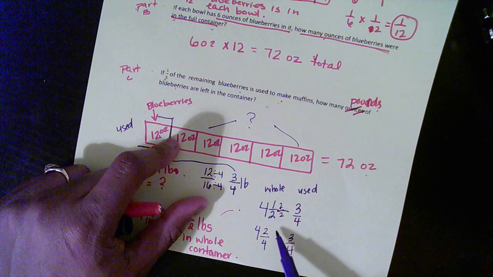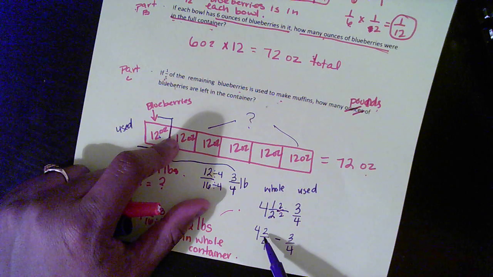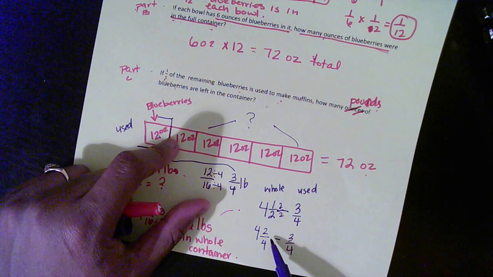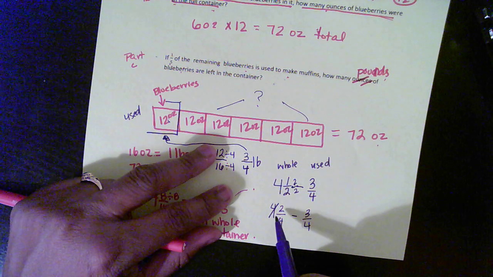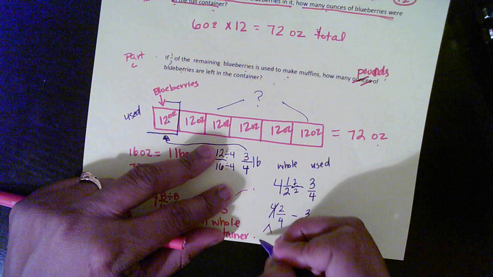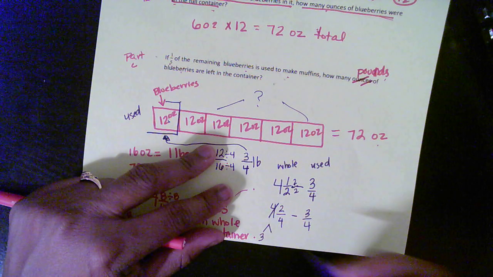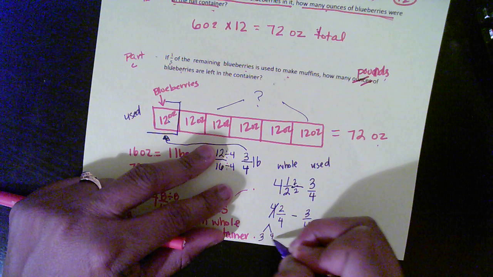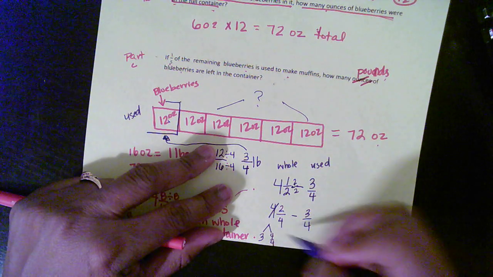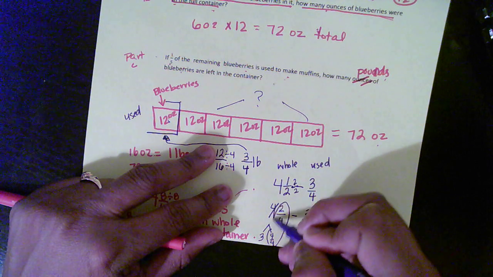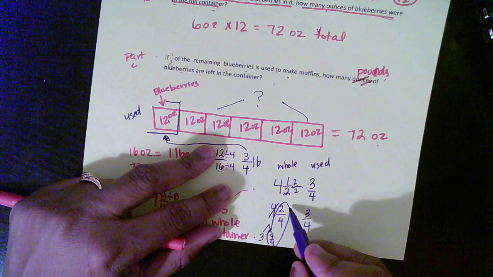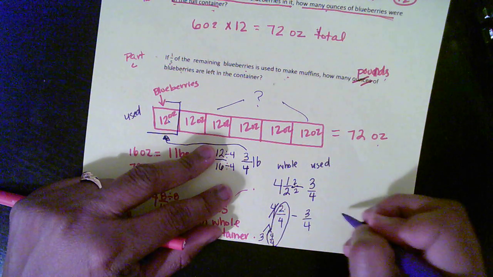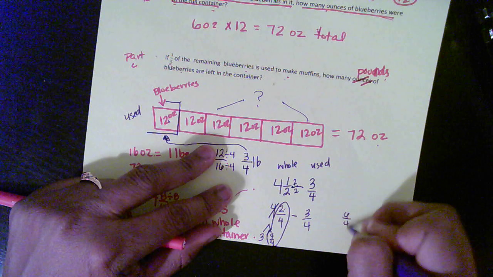Whoa, whoa, whoa, whoa. Can I take 3 from 2? Absolutely not. So now I have to continue renaming this fraction. So I'm going to take 1 from this 4, and I'm going to make it 3 wholes and 4 fourths. Okay. I'm going to add these two here, which is 4 plus 2 is 6/4.